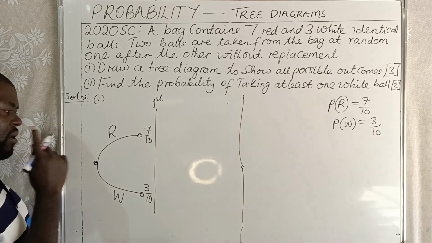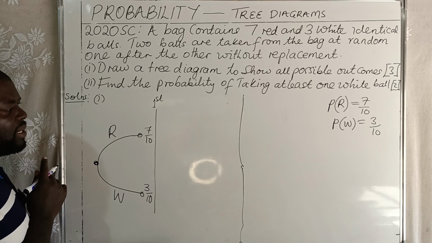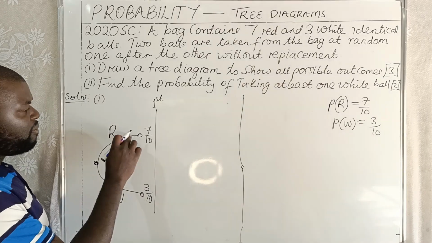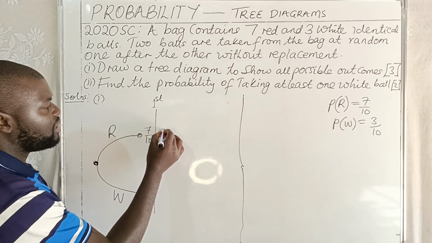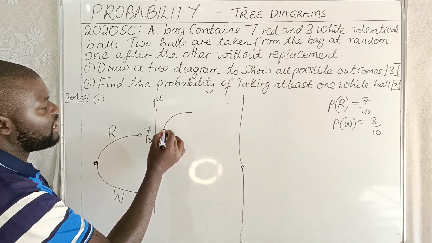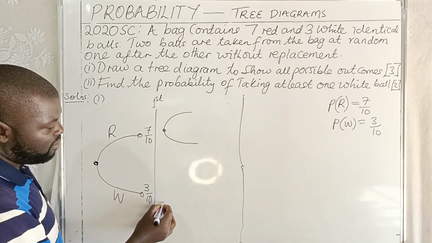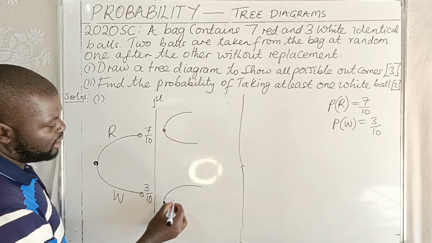Now we can look at the second set of branches. From each one of the branches we have to produce another set of branches.